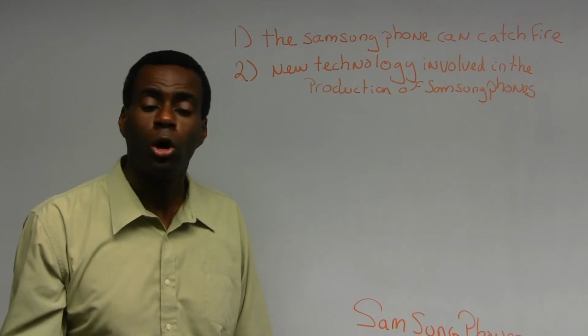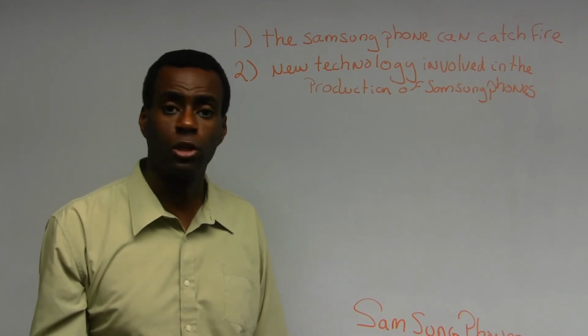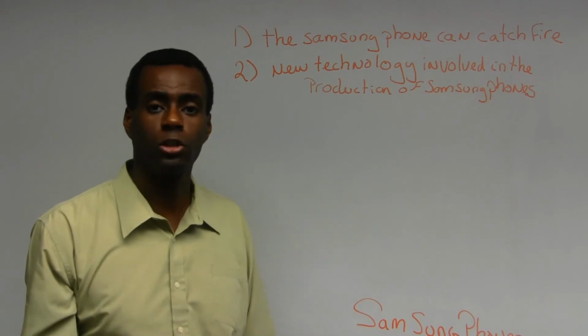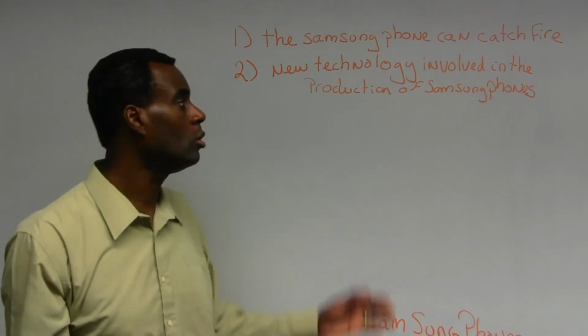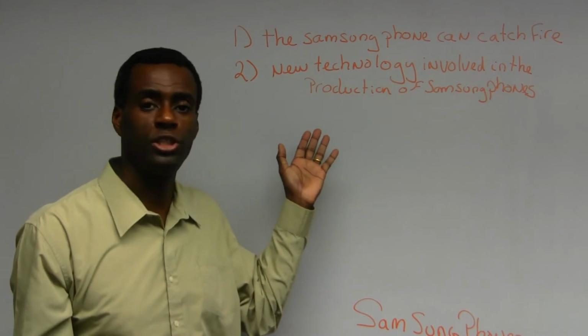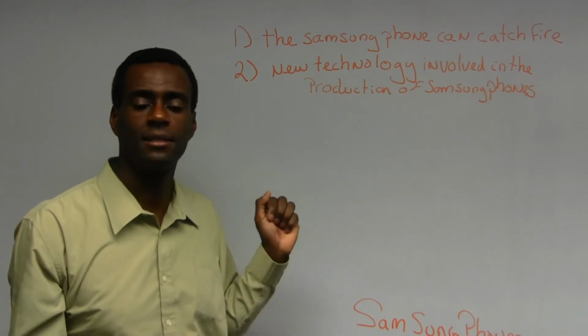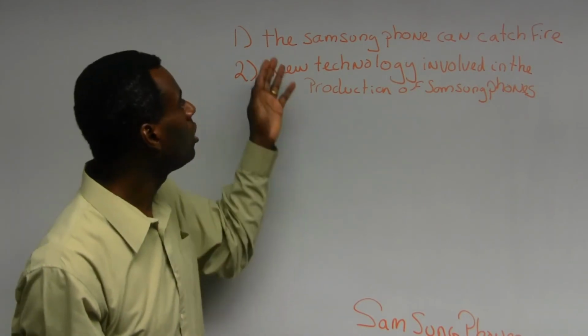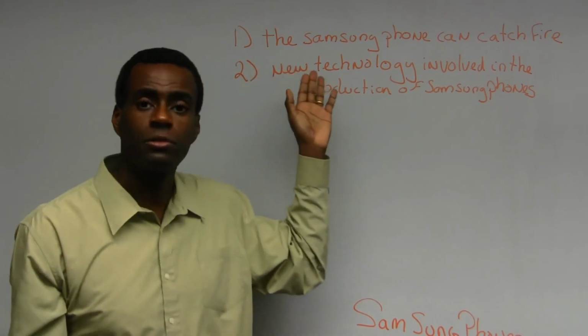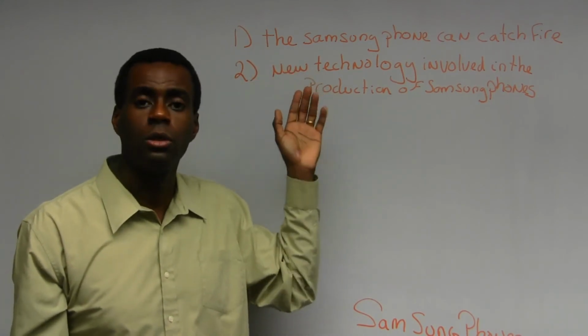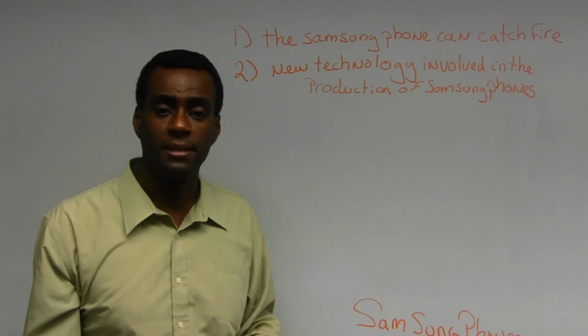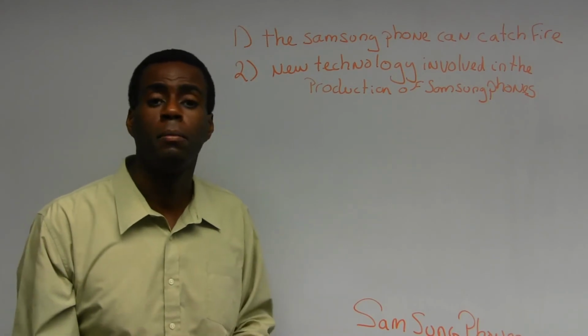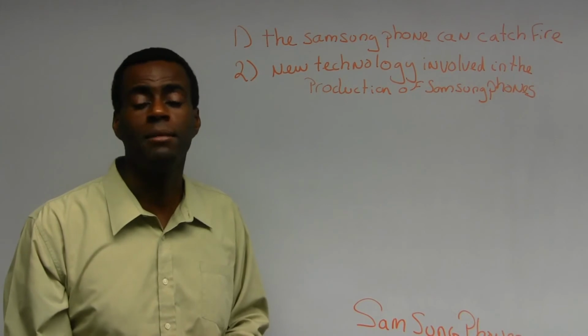We always assume that a new technology can only decrease the cost of production. And so we can infer how that technology is going to affect this market. Also, because the Samsung phone catches fire, we can anticipate that potential buyers of that phone will be maybe scared away.